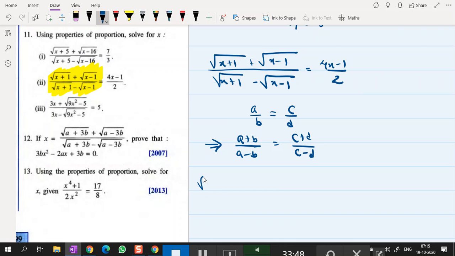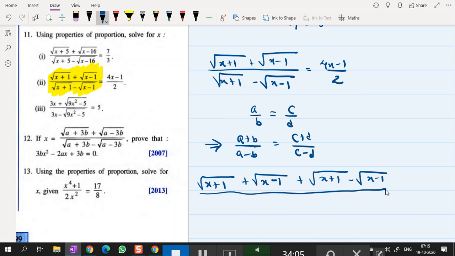So this will become root of x plus 1 plus root of x minus 1 plus root of x plus 1 minus root of x minus 1 the whole upon root of x plus 1 plus root of x minus 1 minus root of x plus 1 plus root of x minus 1.